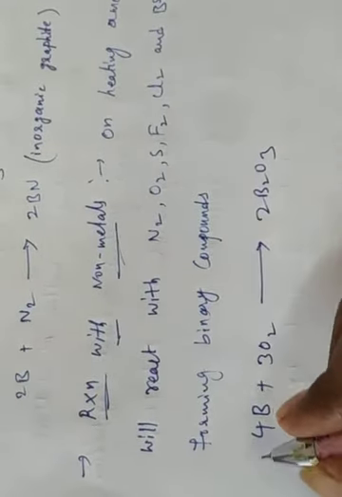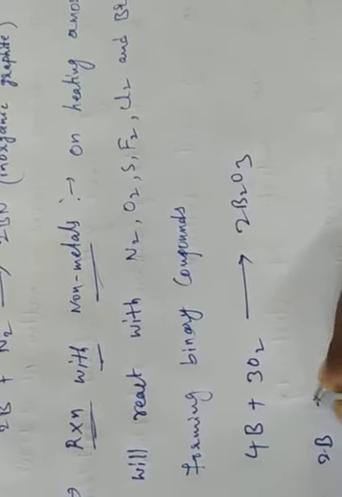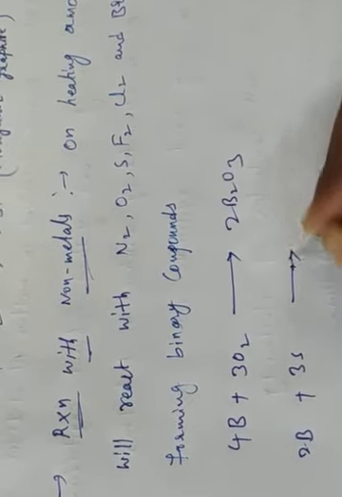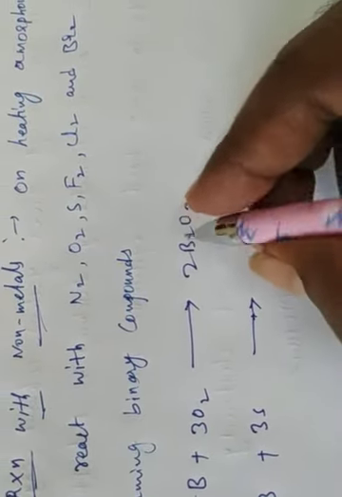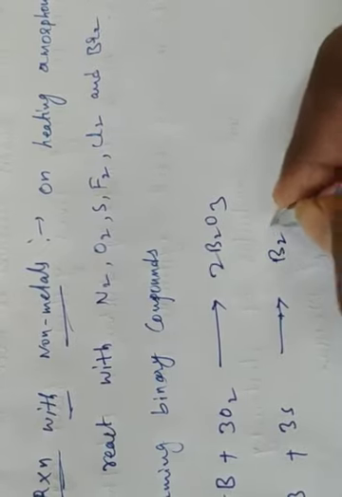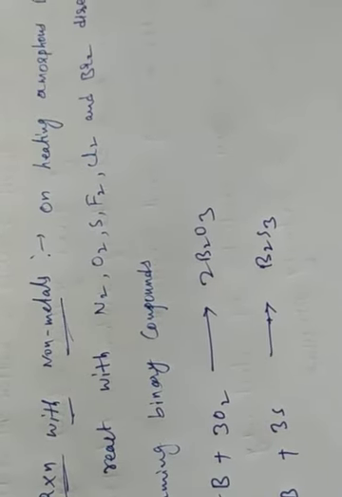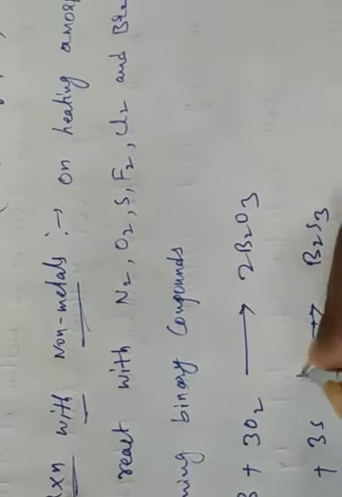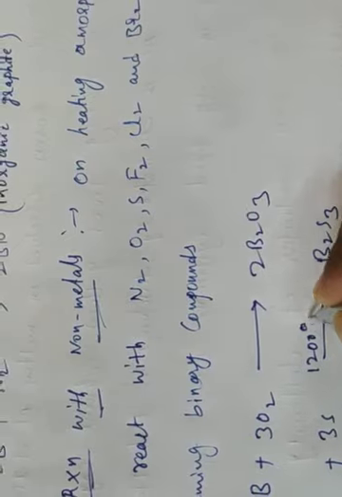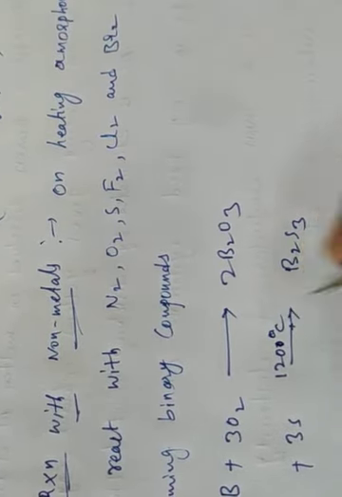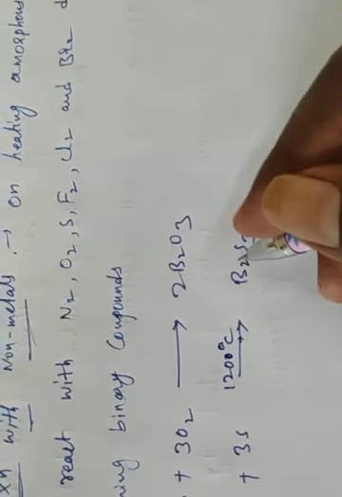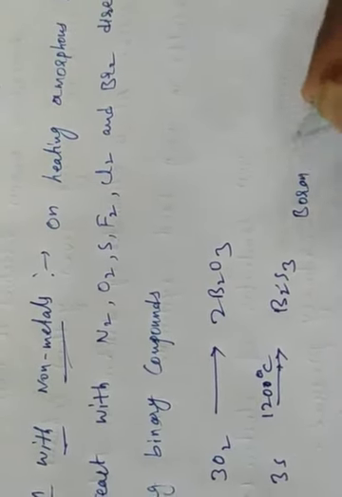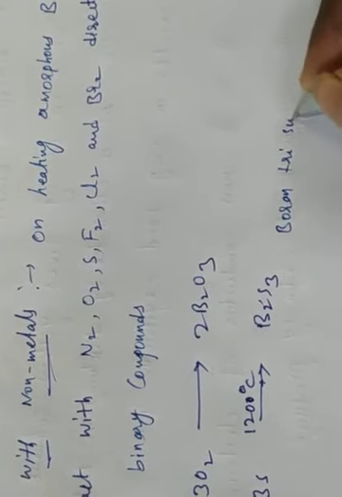And with sulfur, 2 moles of boron react with 3 moles of sulfur at 1200 degrees Celsius to form B2S3, boron trisulfide.